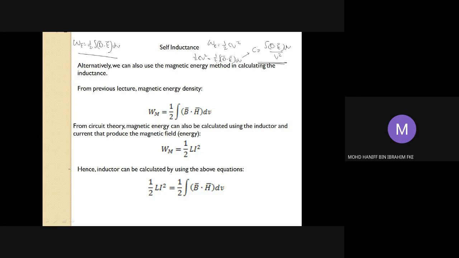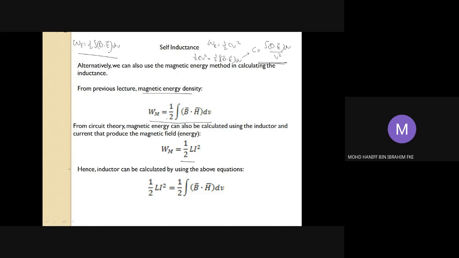The same thing applies for the case of inductance, or the magnetic energy. In previous lectures, we have come across the equation half the integration of B dot H dV, which can be used to calculate the magnetic energy. And we have also learned in circuit theory that the energy stored by the inductor is half L i squared, in which L is the inductance value and I is the current passing through the inductor.